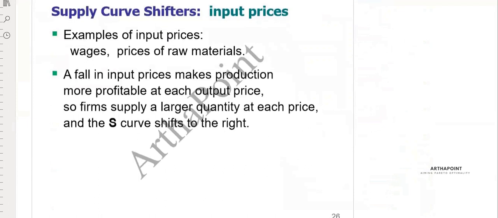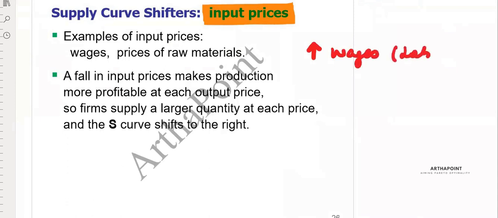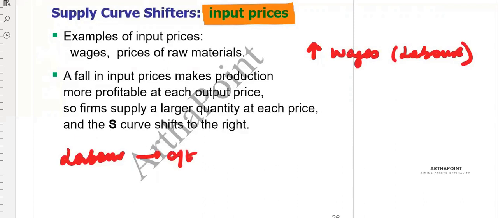To begin with, let us go ahead and understand the input prices. So to understand the input prices, we would like to understand what happens when there is an increase in, let's say, the wages that we pay to the laborers. See, labor is used to produce your output.